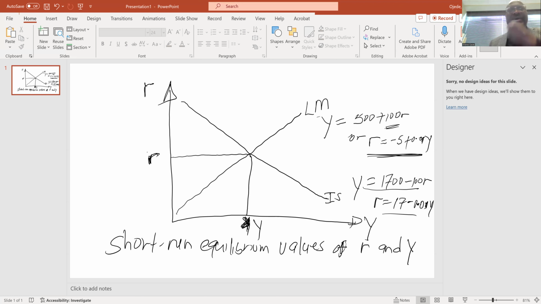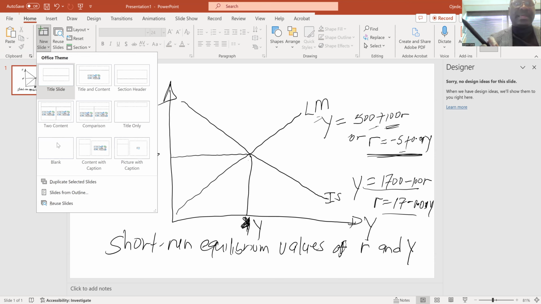Since we already know the equation for the LM curve and the equation for the IS curve, these are two equations at the point of intersection. If you want to solve for R and Y, it's very easy. You have to solve for R and Y simultaneously. It's a simultaneous equation system, because at the point of equilibrium, there's only one interest rate and only one output. So I'll open a new slide here.